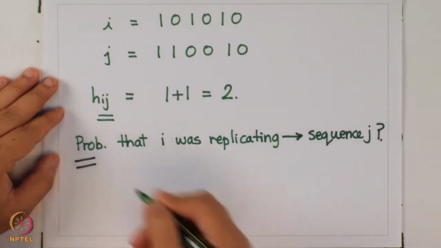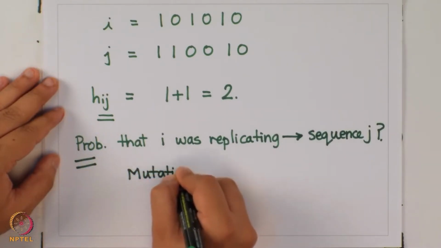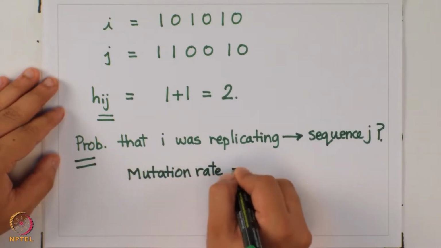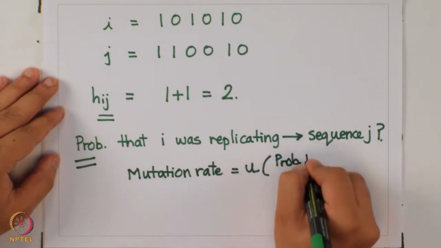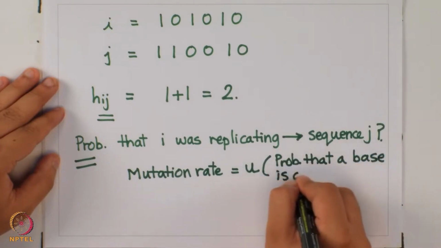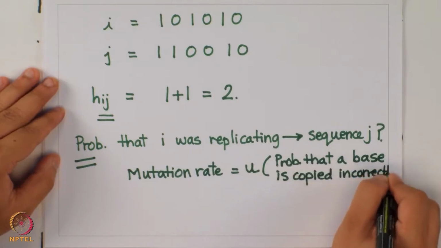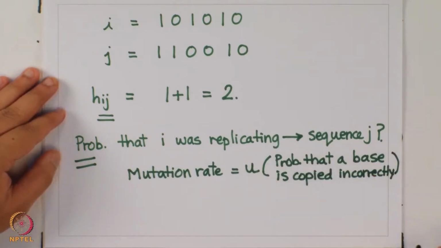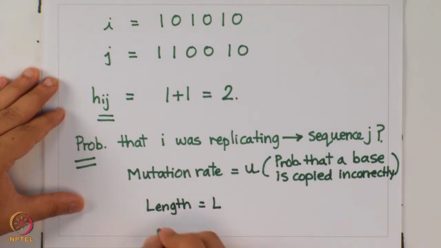What is the probability that this happens given that the mutation rate is equal to U, which is the probability that a base is copied incorrectly, and the length of the sequence is L, and the Hamming distance between I and J, let us say, is equal to alpha.